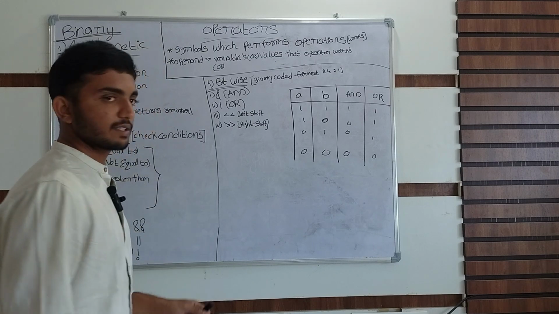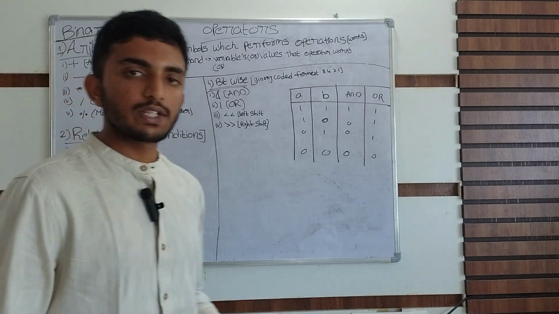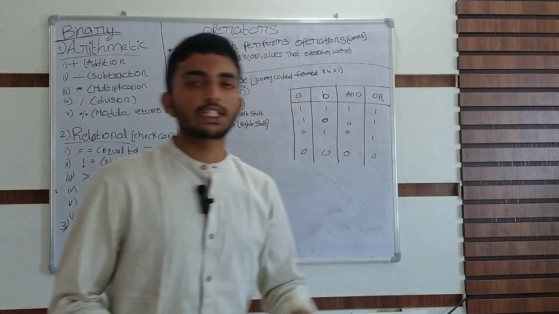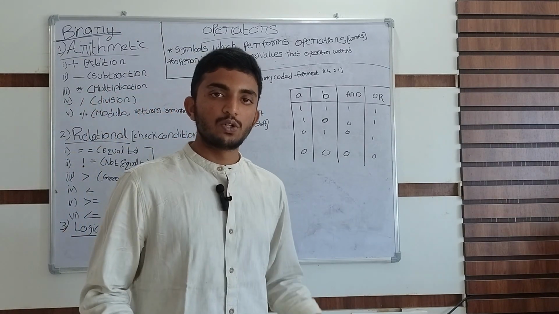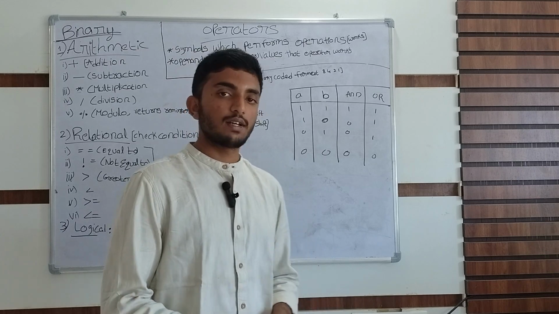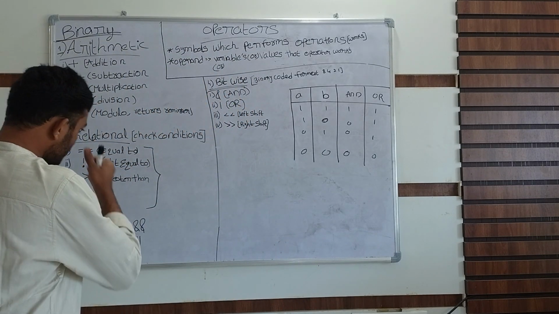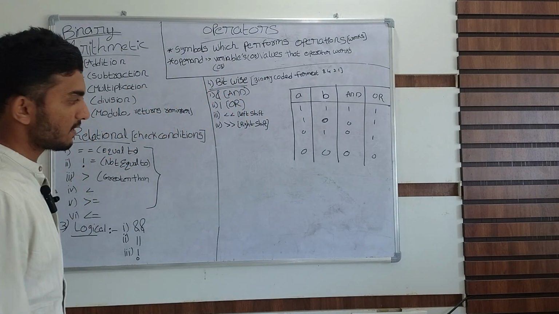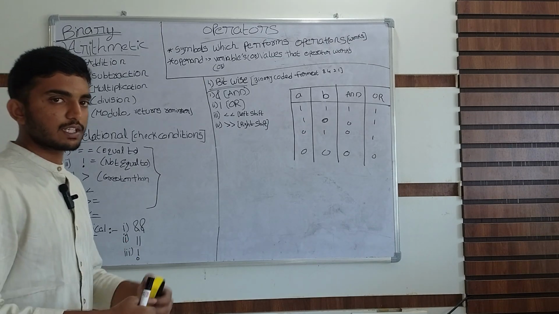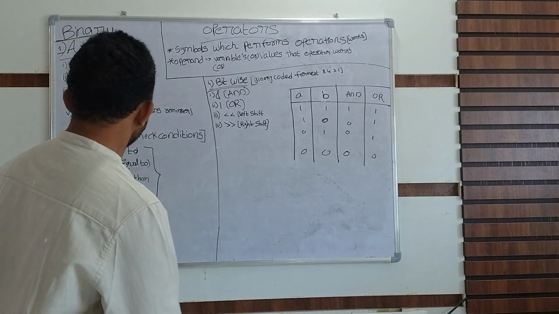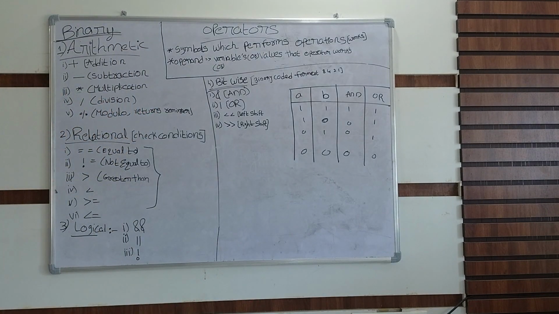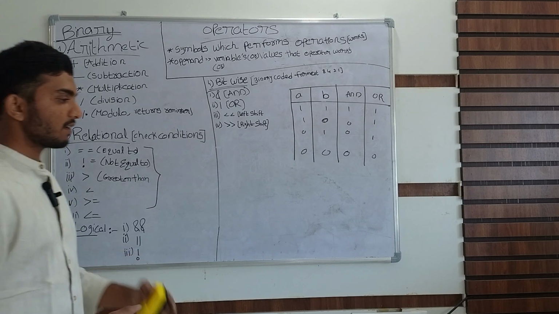Relational operators are used to check the conditions in conditional statements like if statements, else statements, for loops, do while loops, while loops. In the next video we will discuss for loops, if statements, conditional statements. In relational operators, double equals is used to compare.